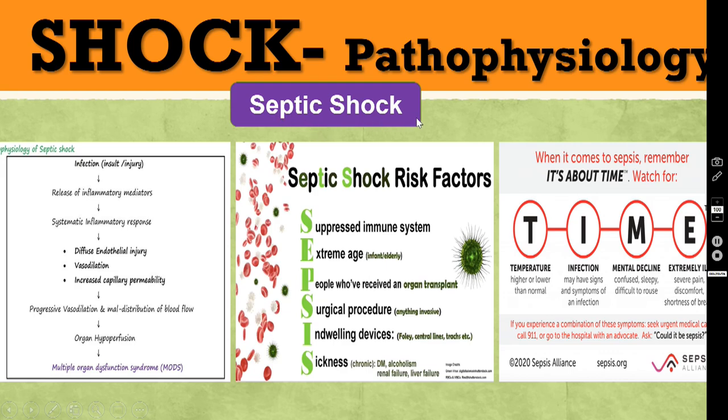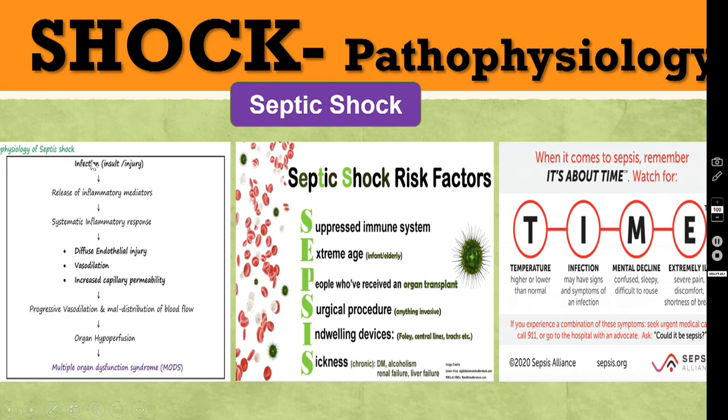So coming to the septic shock, what is the pathophysiology? Here the culprit is some infection, or sometimes it may be injury, but basically it is infection only. Because of the infection, this may release either exotoxin or endotoxin.